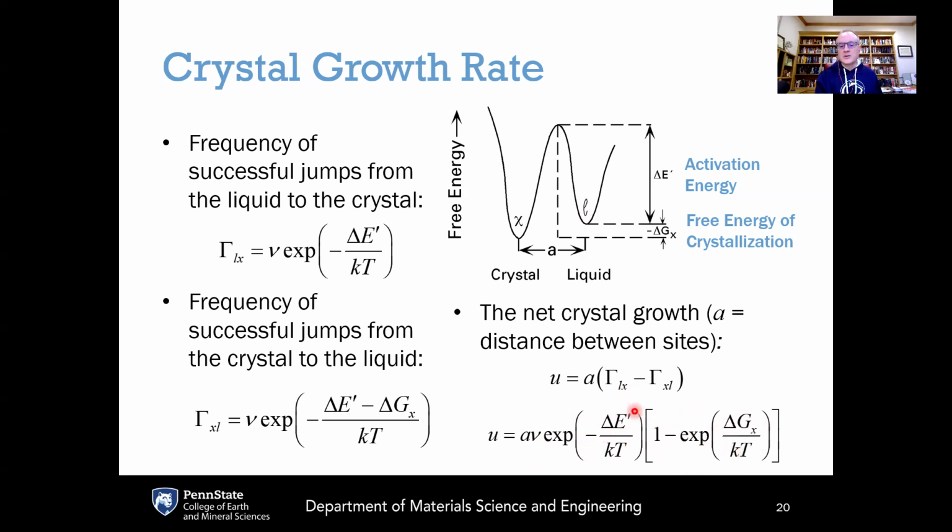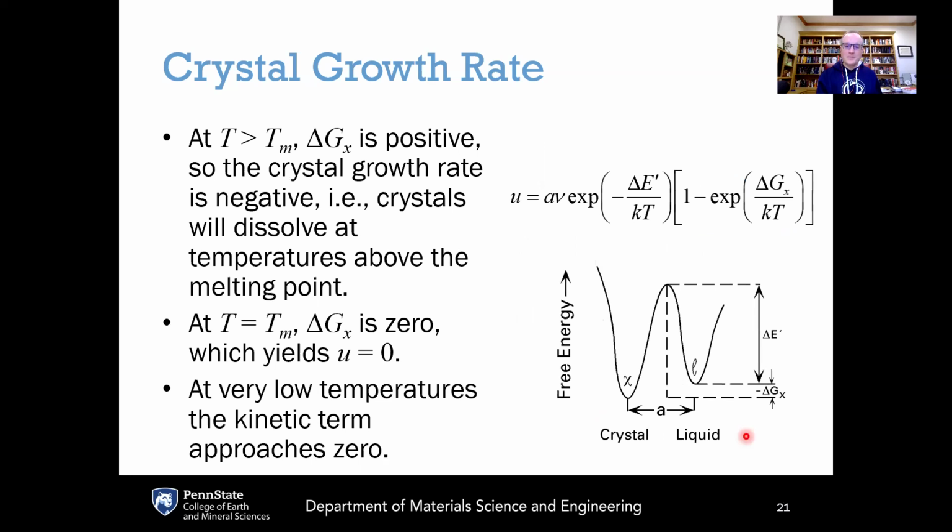So there's two different terms here, one which is our activation energy term, and then the other term which accounts for the free energy difference between the crystal and the liquid.